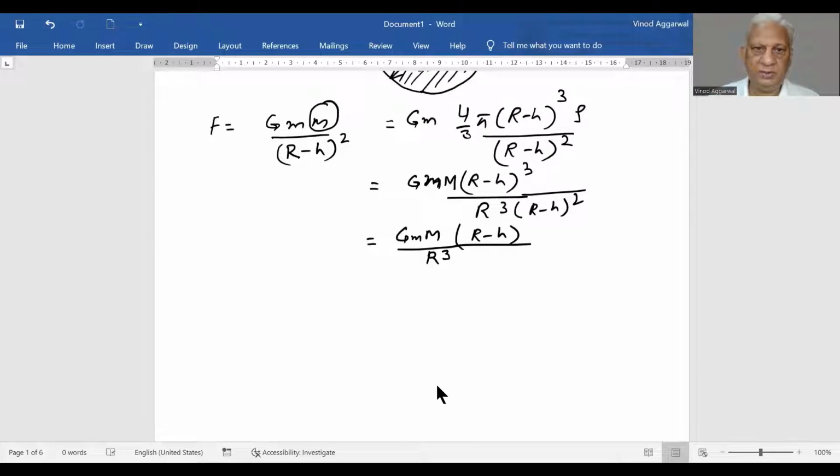Now if we split R cube into two portions, this becomes the original mg.